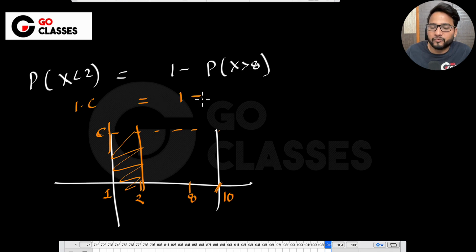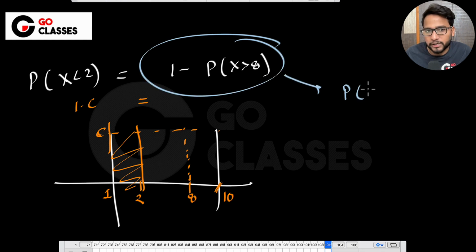Is this equal to 1 minus, okay, let me put the value of c if required. But actually this is 1 minus the probability of x greater than 8, which is the same as the probability of x less than or equal to 8.